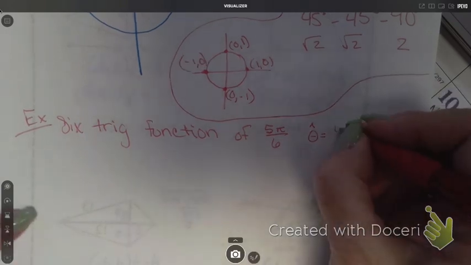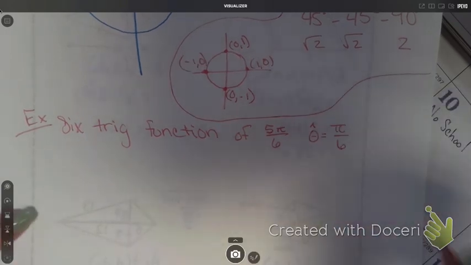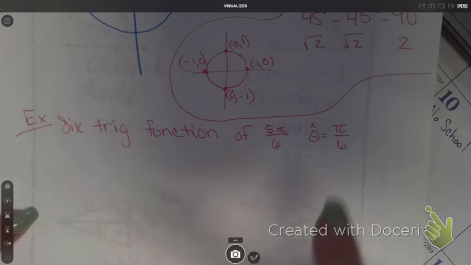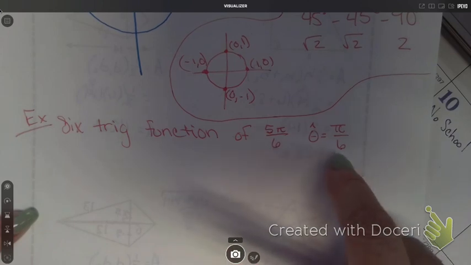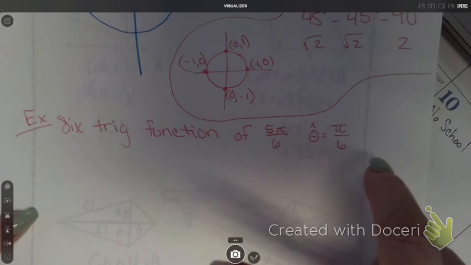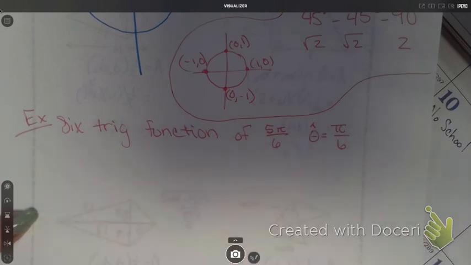Pi over 6. It's about also getting those radians in our head, okay? So in your head, you can say it's 30, but I want you writing pi over 6. Just like Spanish, if you're not writing it and saying it in Spanish, are you going to learn it in Spanish? No.